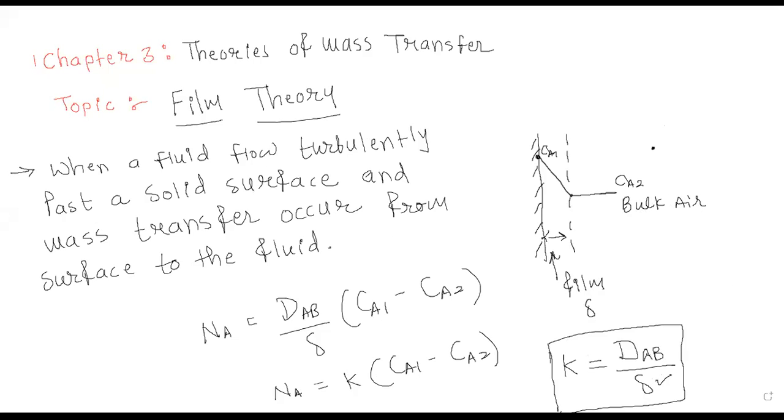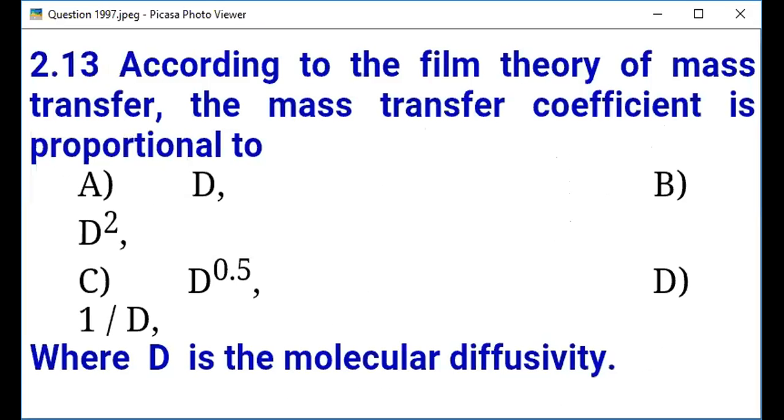Before going to that, there is one MCQ question that I would like to share with you. Can you give me the answer? This was asked in GATE 1997 and GATE 2000.